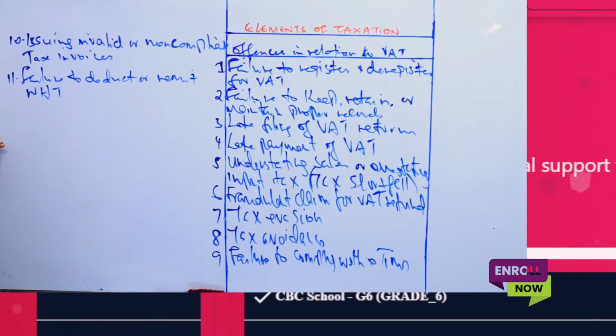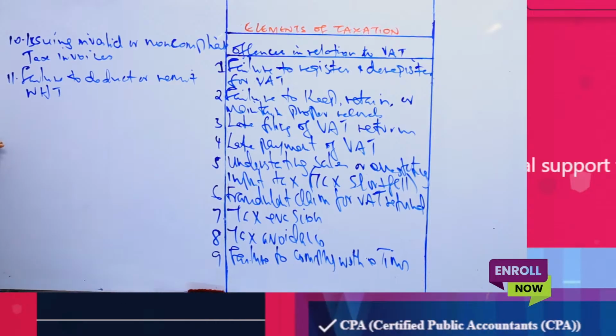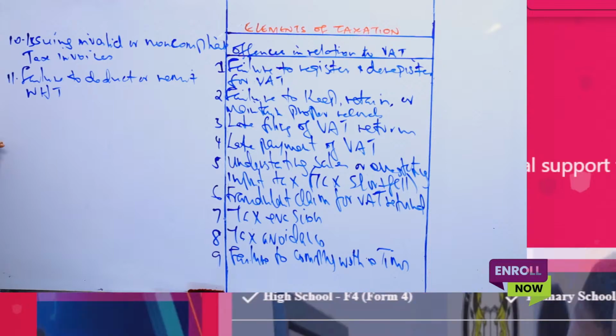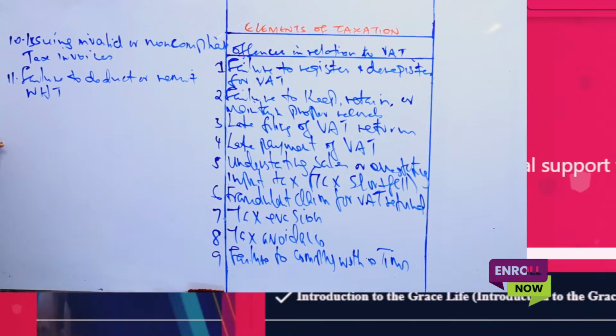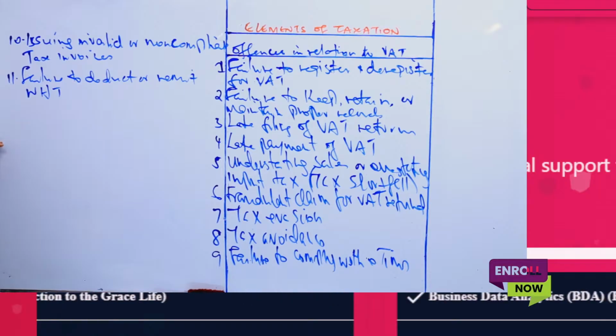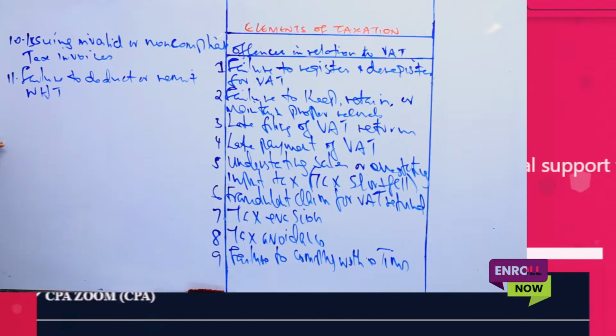If a person is designated as a withholding VAT agent, failing to deduct and remit the specified VAT amounts is an offense. And the penalty is 10% of the amount of the tax involved, up to a maximum of 1 million Kenya shillings. And late payment may also attract interest.